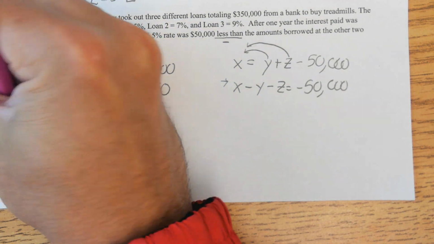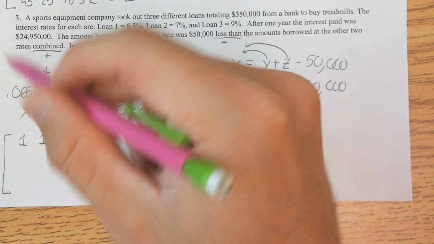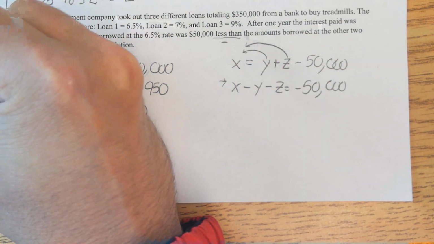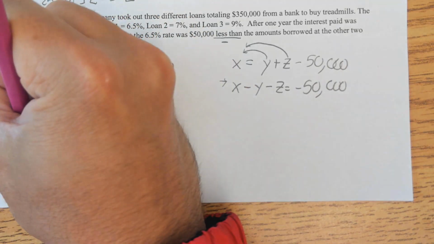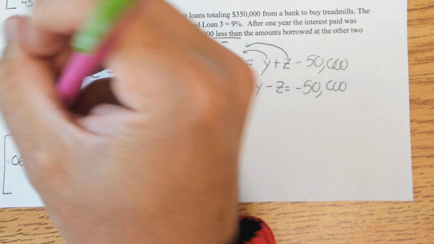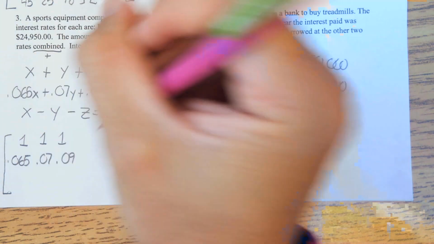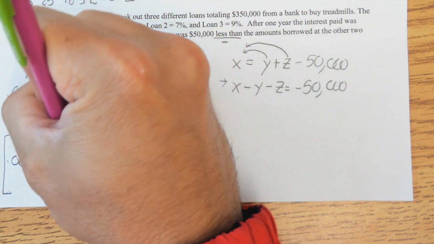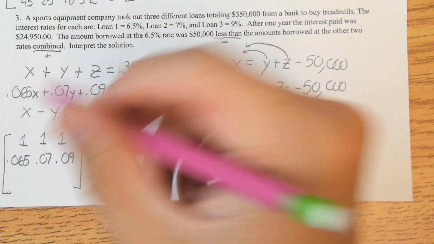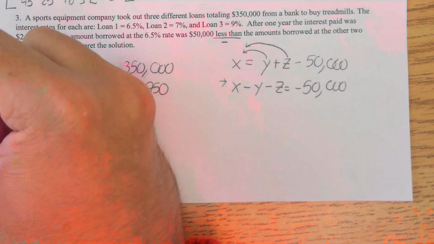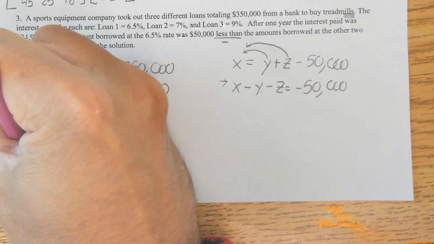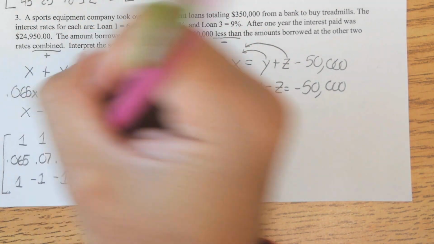So we're going to get 1, 1, 1. Remember, it's taking all the coefficients here. 0.065, 0.07, 0.09, and then last but not least, our last row here, it's going to be 1, negative 1, negative 1.